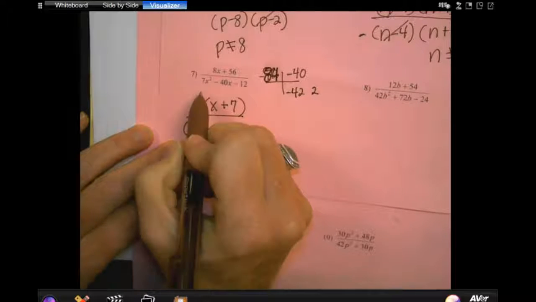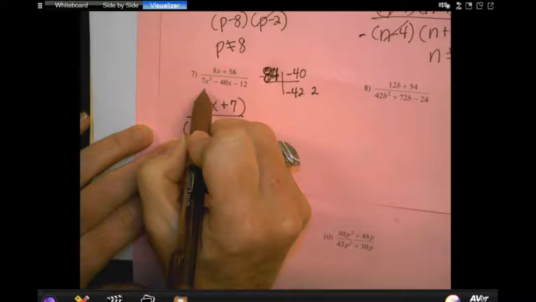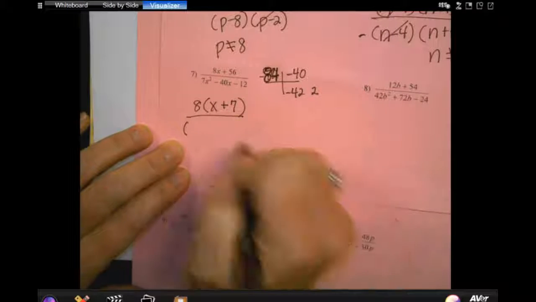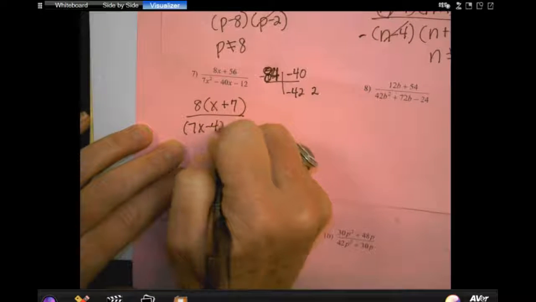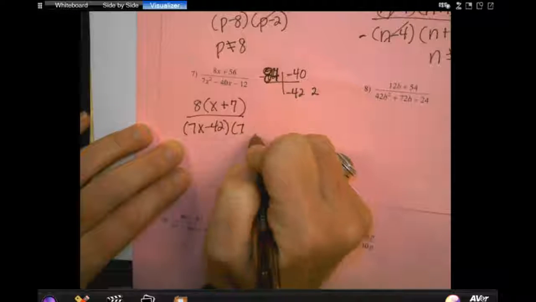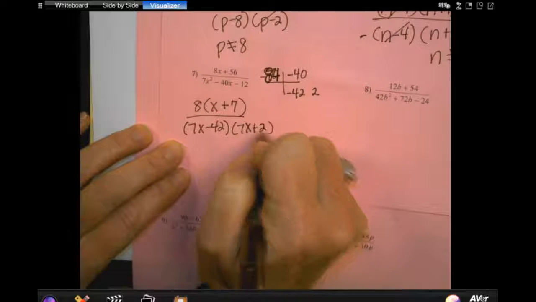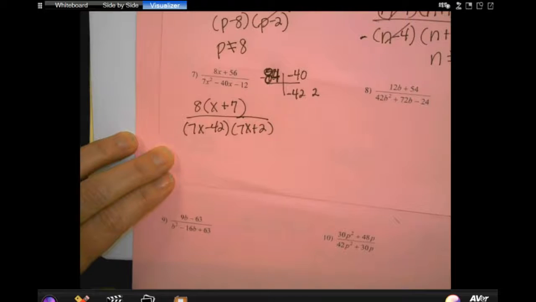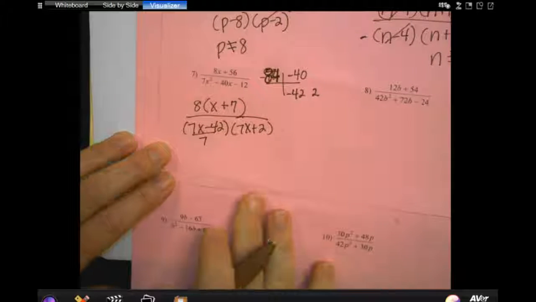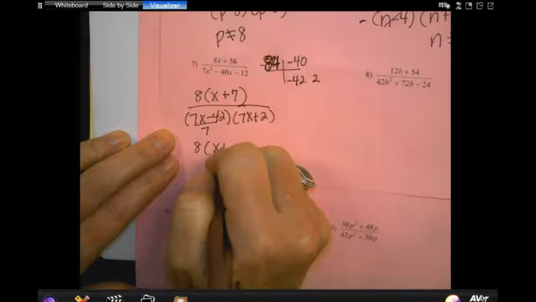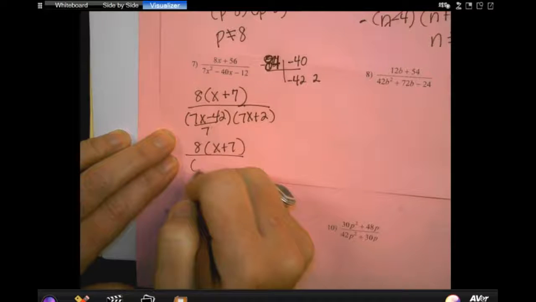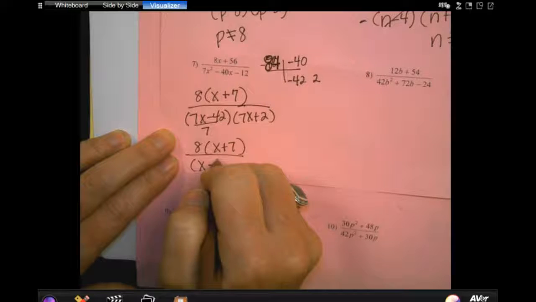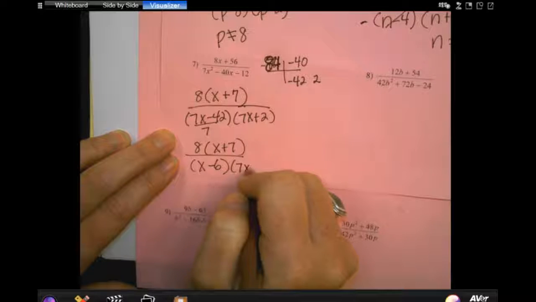So I have a leading coefficient, though. It's not just an x this time. So I get 7x minus 42 and 7x plus 2. And this one reduces by 7. So I have 8 times x plus 7 over x minus 6 times 7x plus 2.